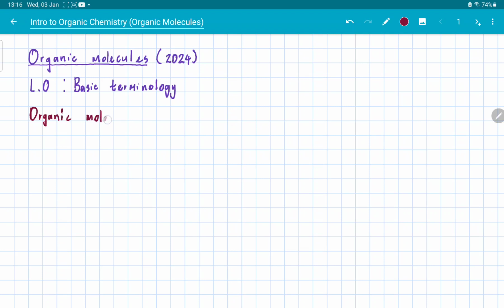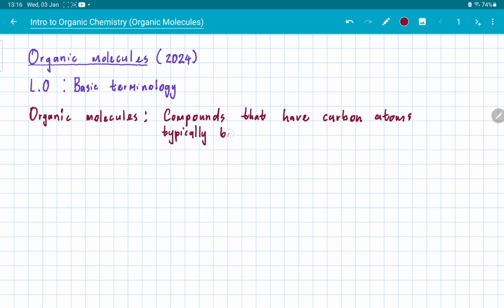Organic molecules, and we said those are compounds that have, for obvious reasons, carbon atoms, and they are typically bonded to other C atoms for carbon atoms, and hydrogen, H atoms.